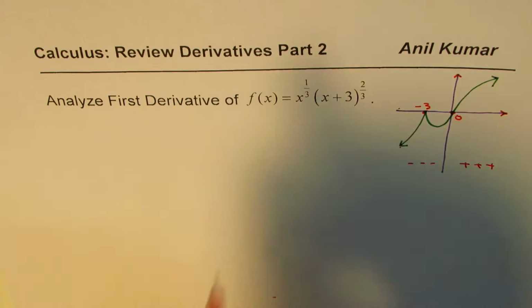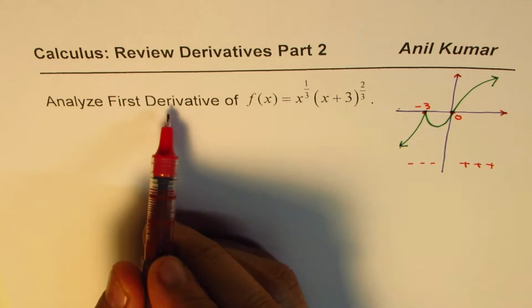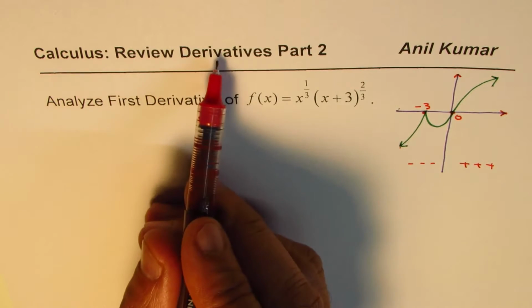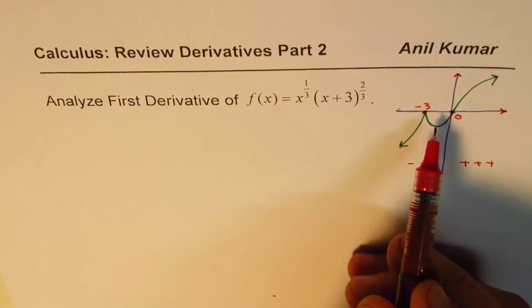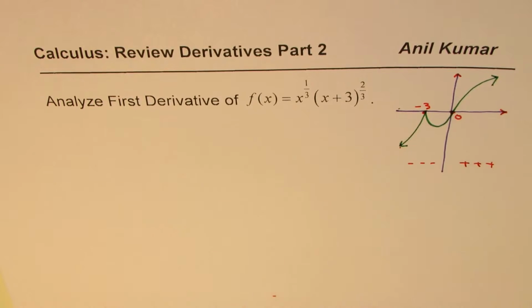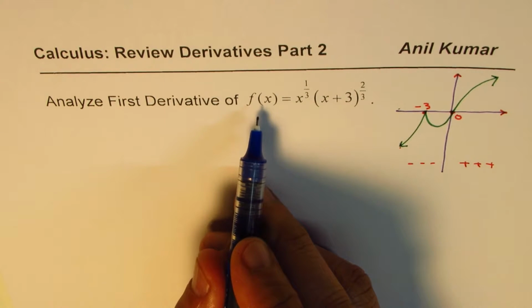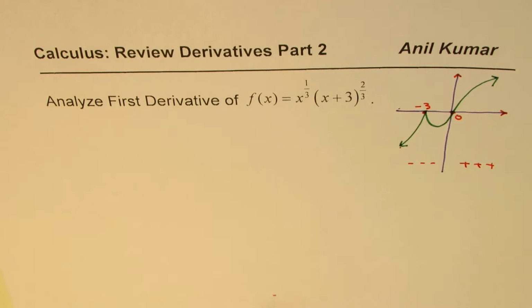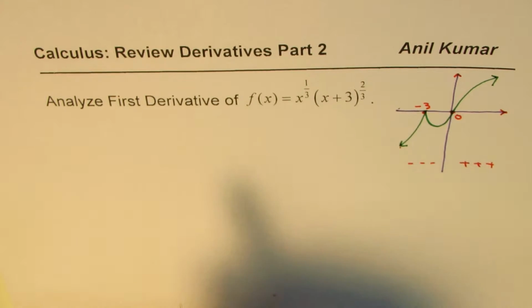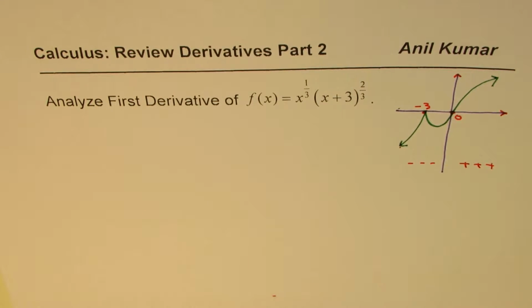The idea of this set of 4 videos is to apply all that we've learned in derivatives and then sketch an accurate graph, which we are going to do step by step. So here we'll do the first derivative of the given function, and we'll analyze this derivative to find a couple of things.